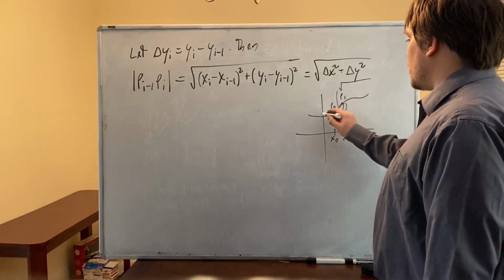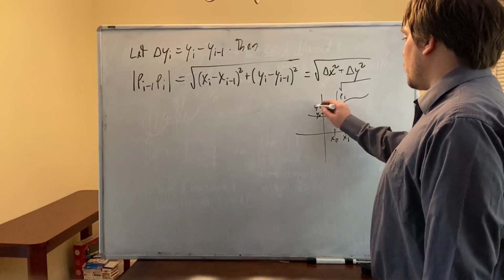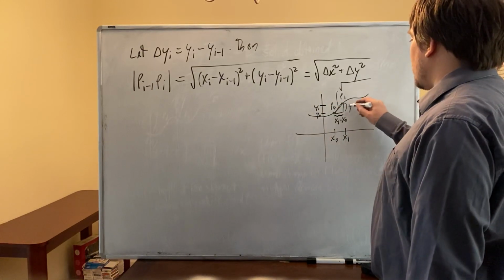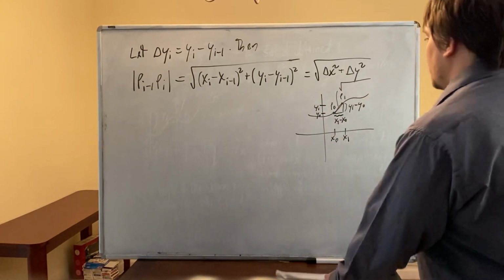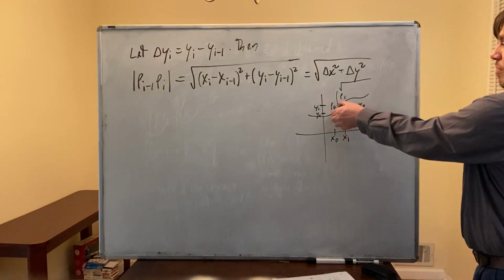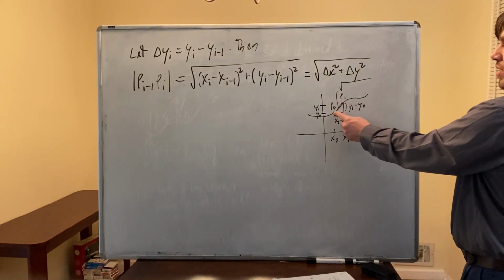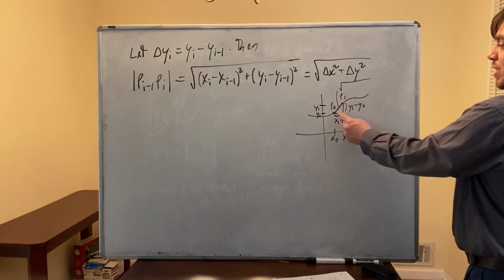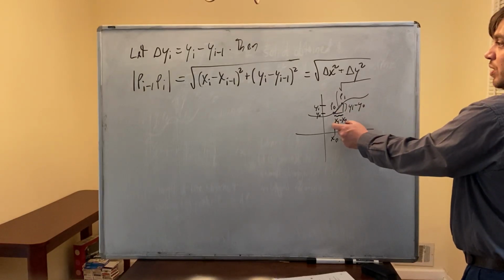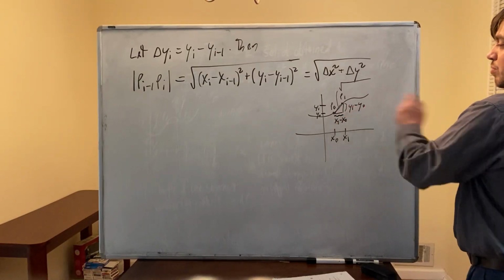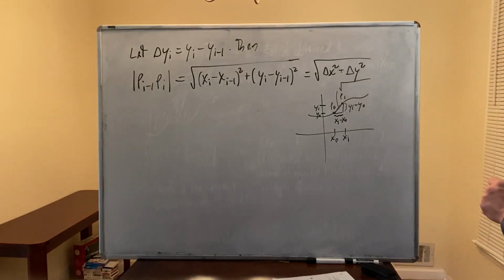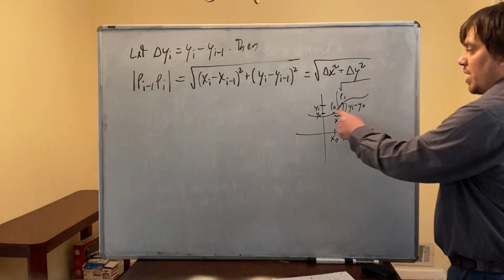And if this is y naught and this is y1, then this length is y1 minus y naught. So the length of the hypotenuse, the line segment connecting P naught to P1, is the square root of x1 minus x naught squared plus y1 minus y naught squared.